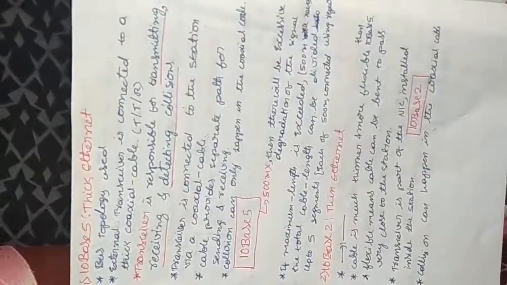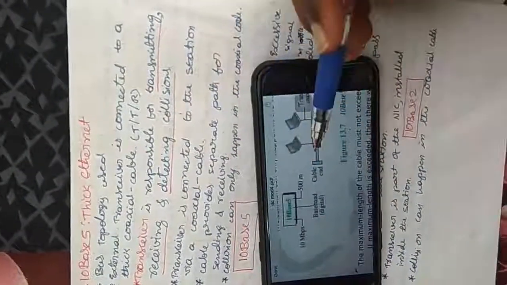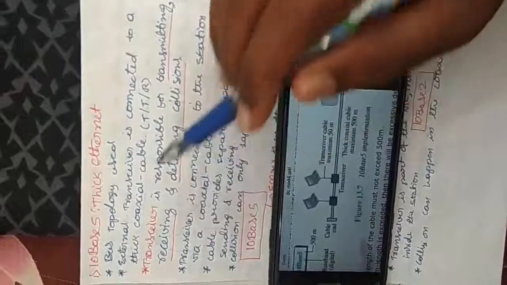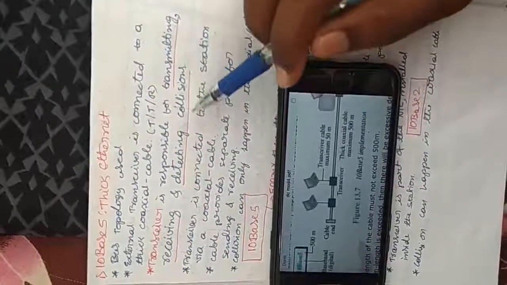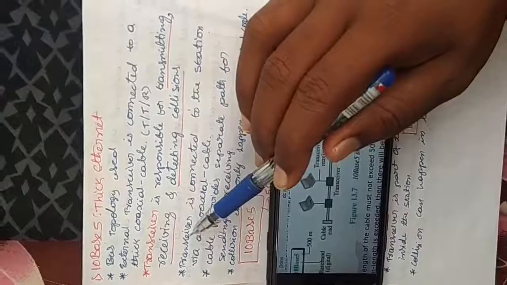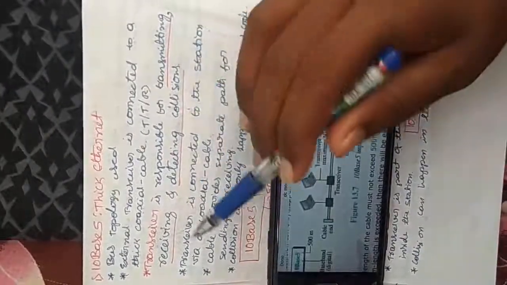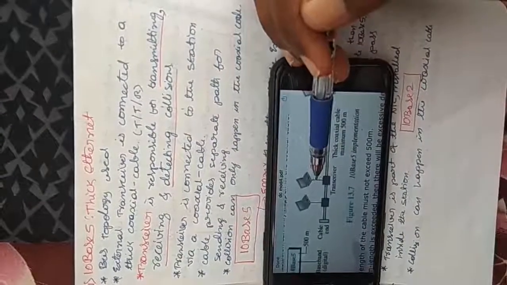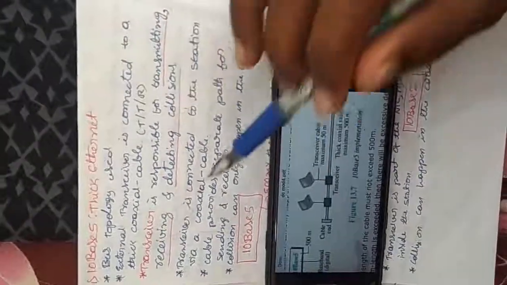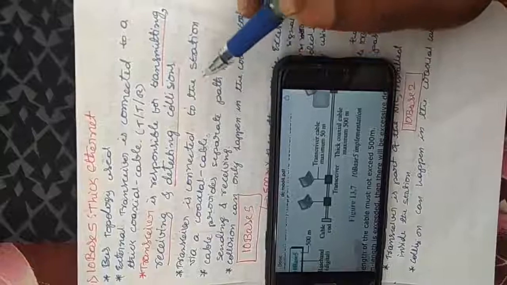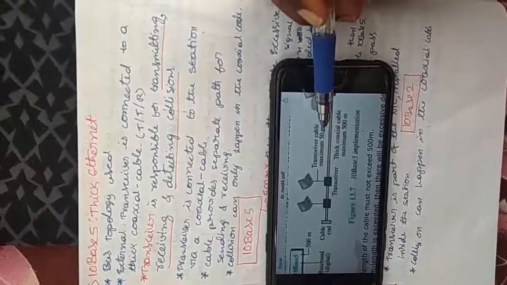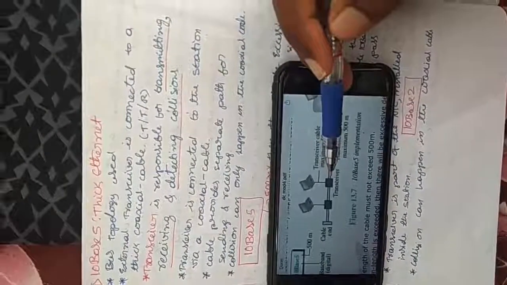What is the importance of the transceiver? It is nothing but transmitting, receiving, and detecting data collisions. Next, the transceiver is connected to the station via a cable. The cable provides separate paths for sending and receiving.